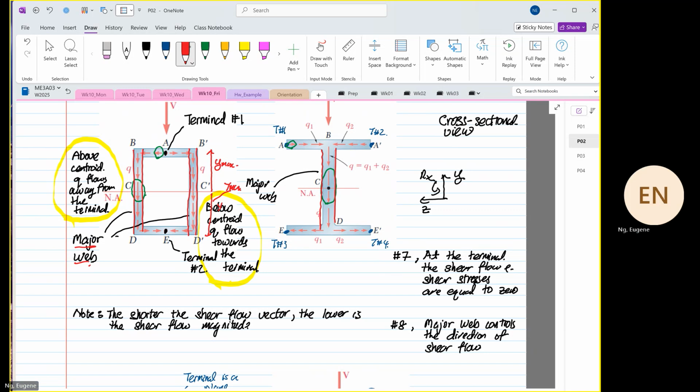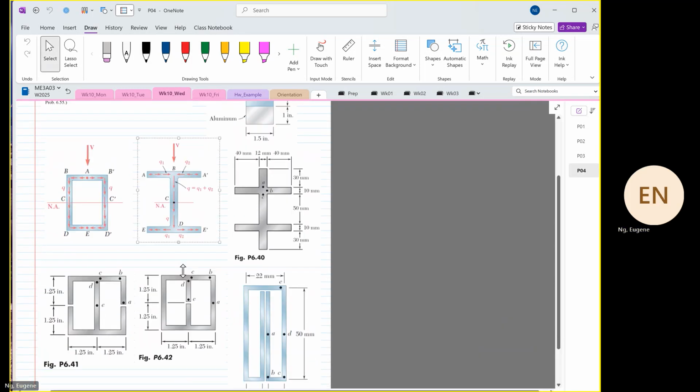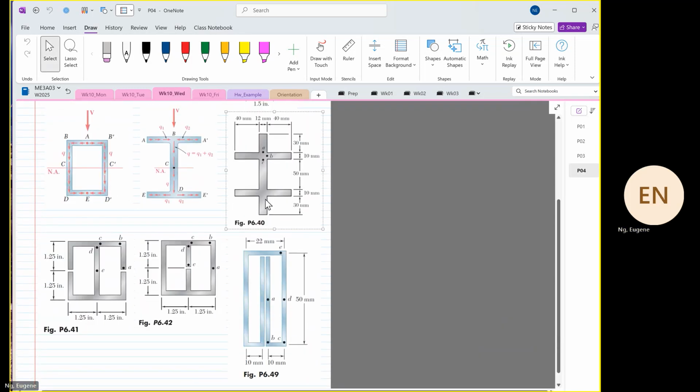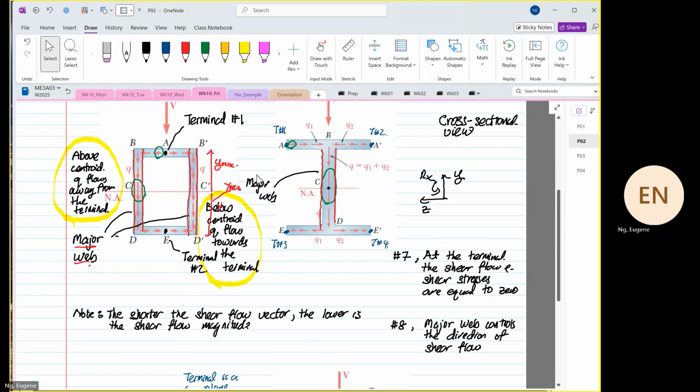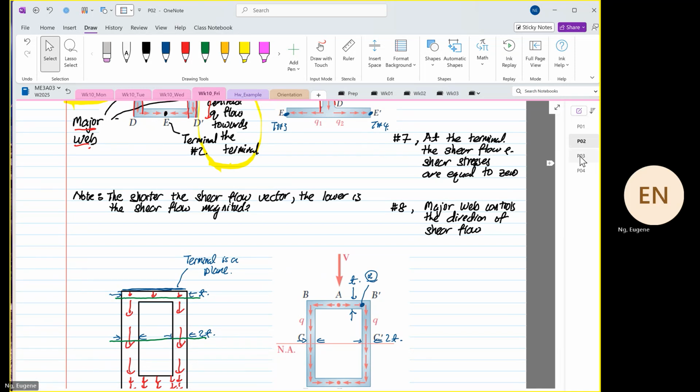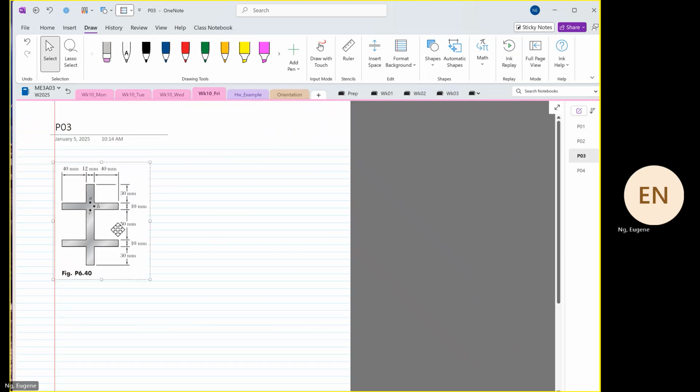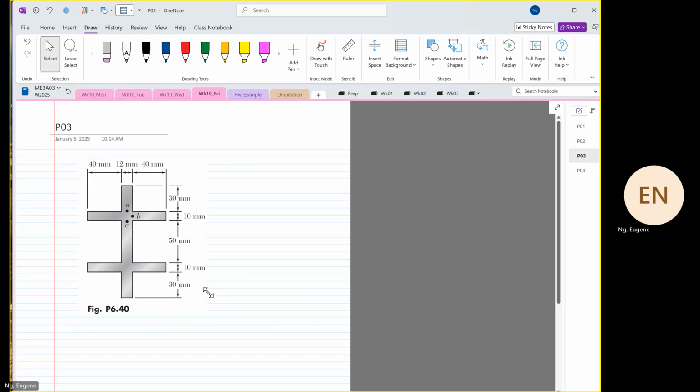Okay. So now, by knowing these rules, we are going to do something fun.